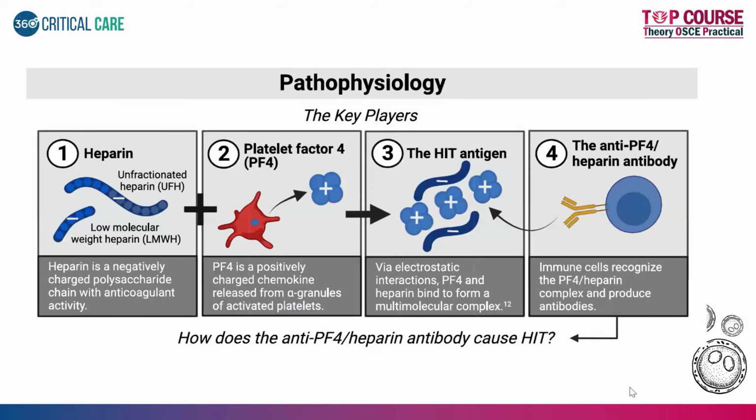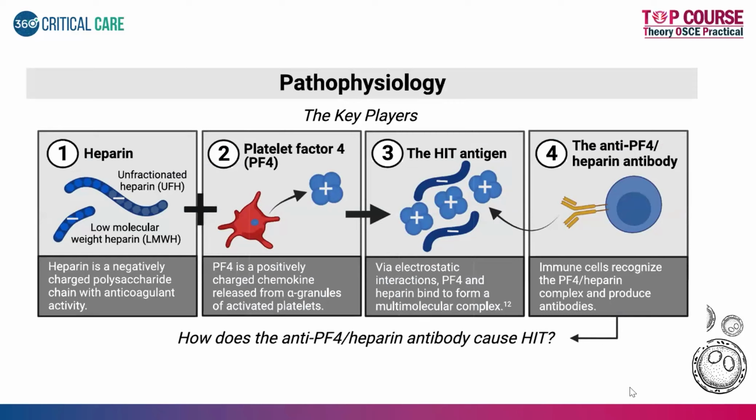Coming to the pathophysiology of heparin-induced thrombocytopenia and thrombosis, we all know heparin, either unfractionated or low molecular weight heparin, is a negatively charged polysaccharide chain which has an anticoagulant property.